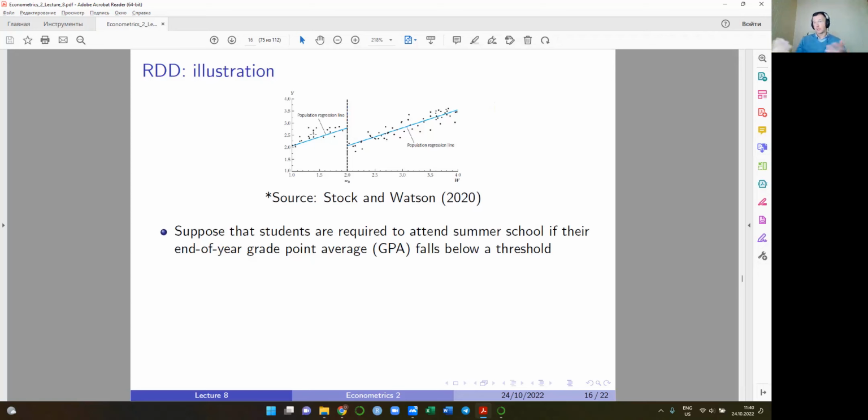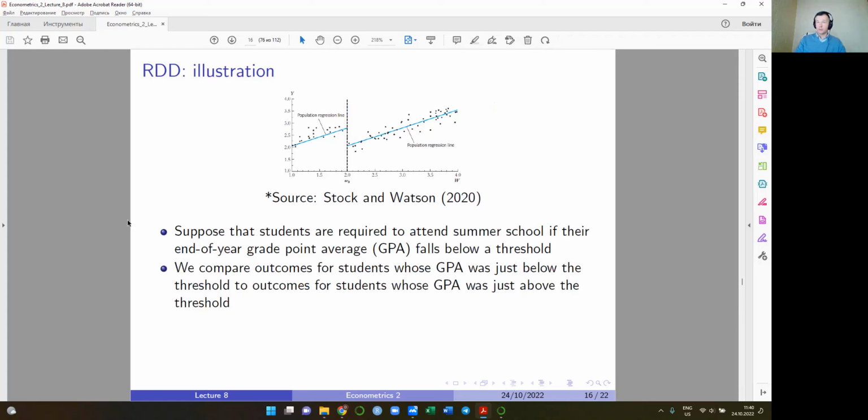Why? Because they need to improve their performance in the next year. And that's what we want to know. We want to understand if this policy, attending the summer school, has a positive effect on the future outcomes of these students.